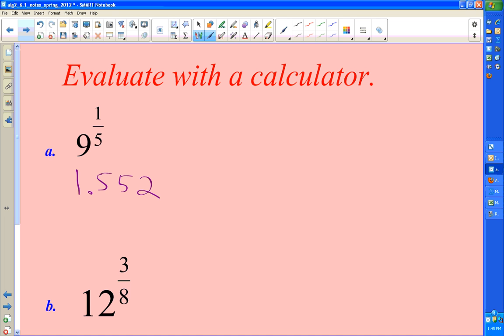Do you have a little caret button like this? And then open parenthesis.